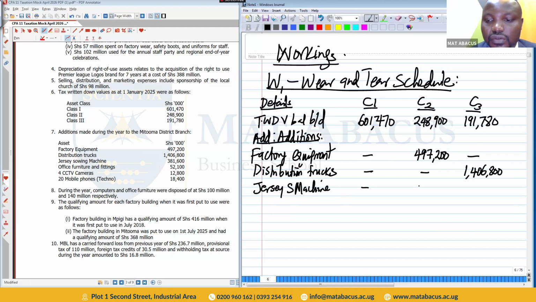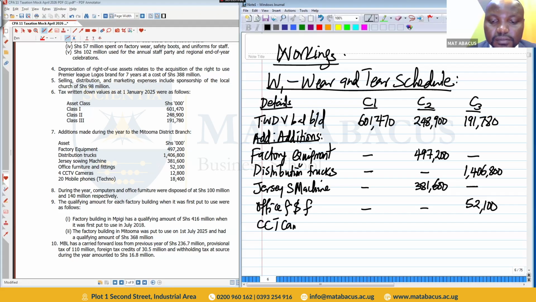The Jazay sewing machine is in class 2, 381,600. Then we have office furniture and fittings. That is in class 3, 52,100. Then we have CCTV cameras. CCTV cameras are in class 3, 12,800.